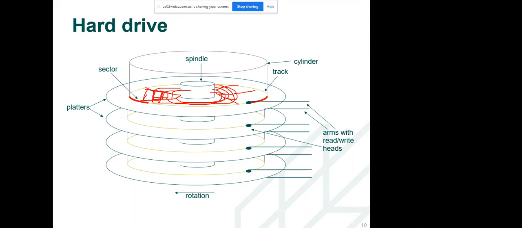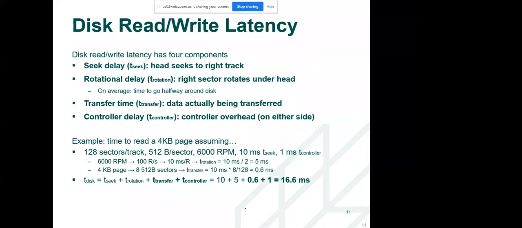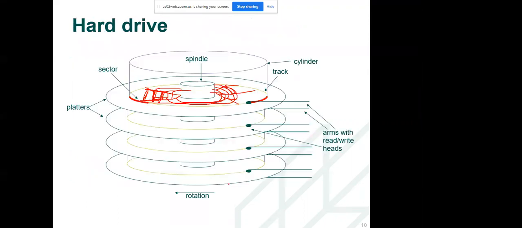This particular piece of a track is called a sector. So 128 sectors on a track. In this way, if you calculate, the total will be 128 sectors on one track.